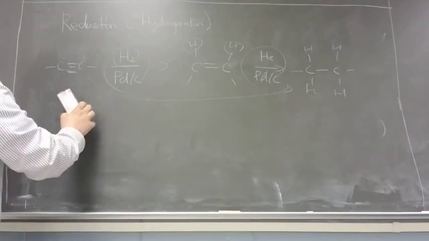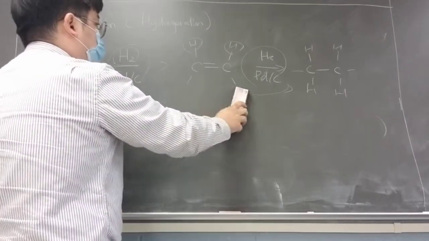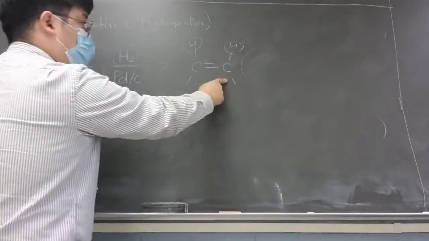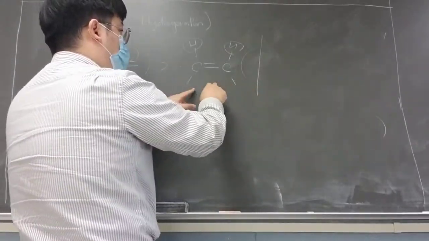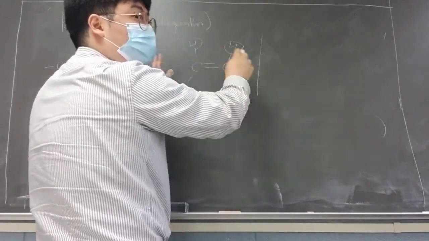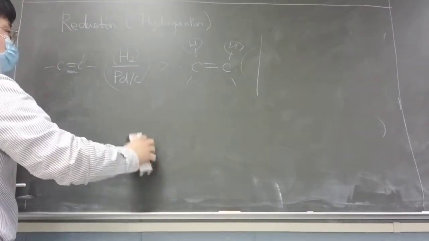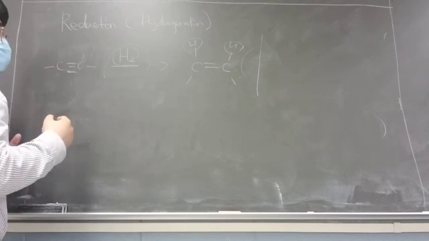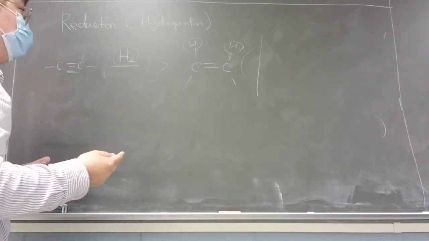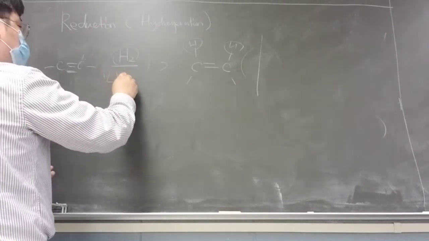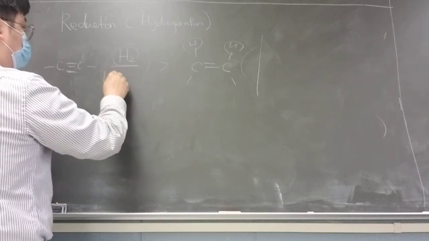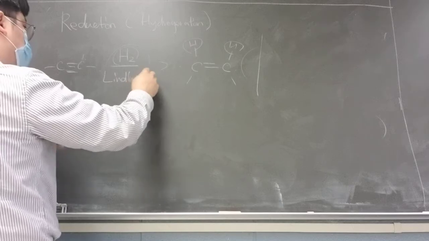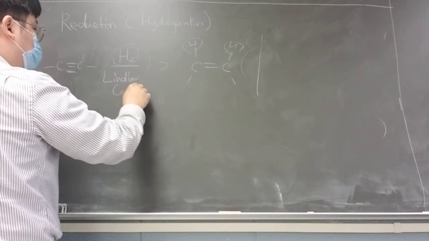If they want to stop here, they try to find a stopping point right here. The alkene is still reactive, so instead of a regular catalyst, they try to use a bit weaker one. We call this Lindlar's catalyst, or some people just say Lindlar catalyst. It doesn't really matter.